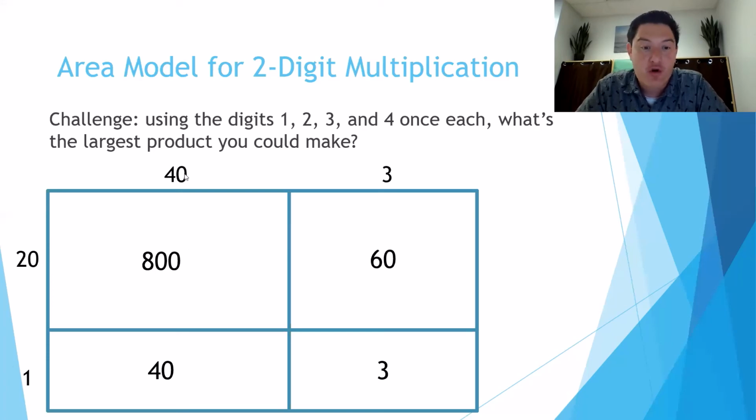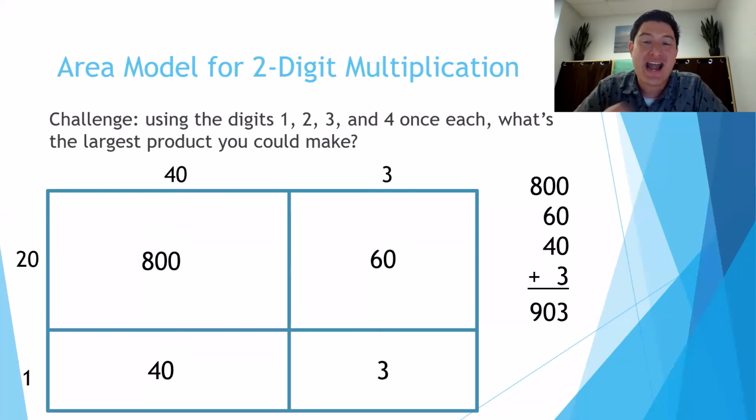And I got 40 times 20, 4 times 2 is 8, and then I put 2 zeros at the end to make it 100 times bigger. It becomes 800. This 20 times 3 is 60, 40 times 1 is 40, and 3 times 1 is 3. And then I add up 800 plus 60 plus 40 plus 3, and I got 930.